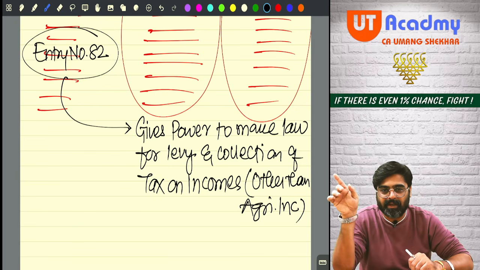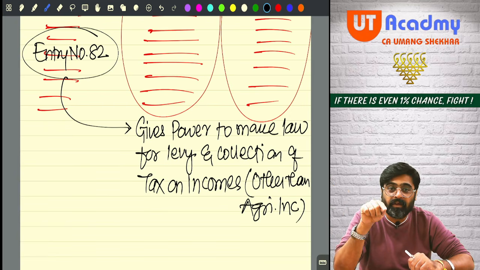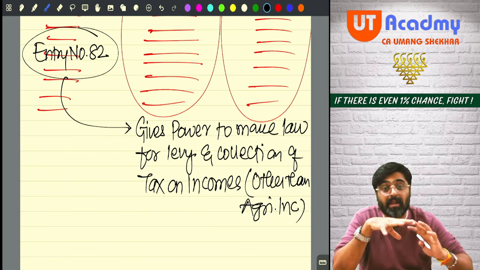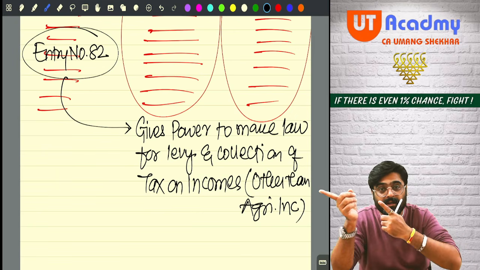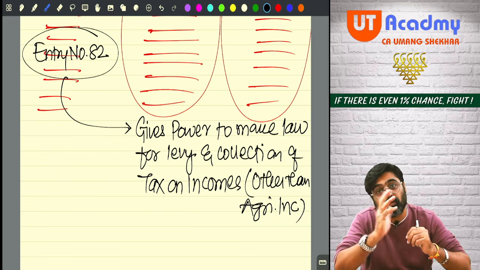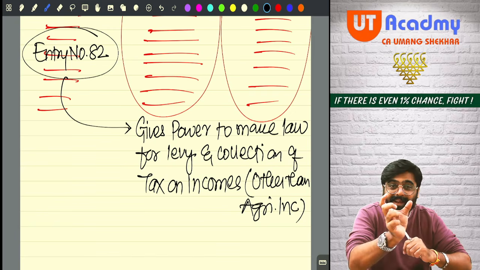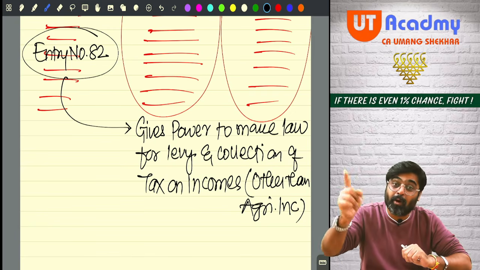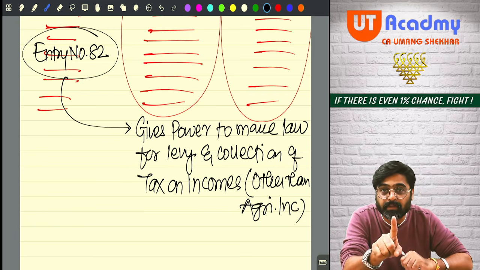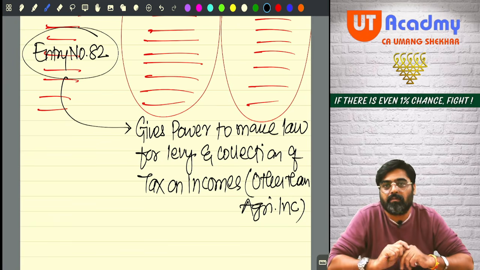Now when I saw entry number 82, I came to know that it is giving power to the Parliament. Parliament has a power through this entry number 82 to make a law. For what? For levy and collection of taxes on all the incomes except agricultural incomes.